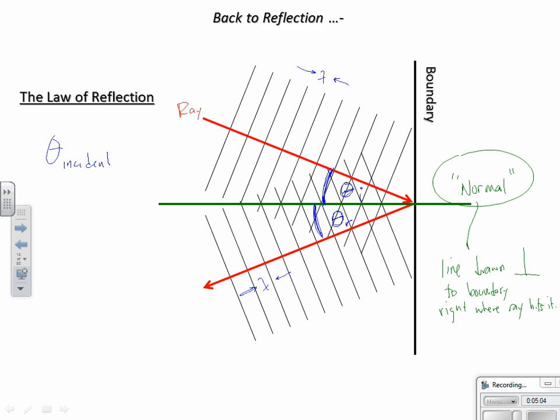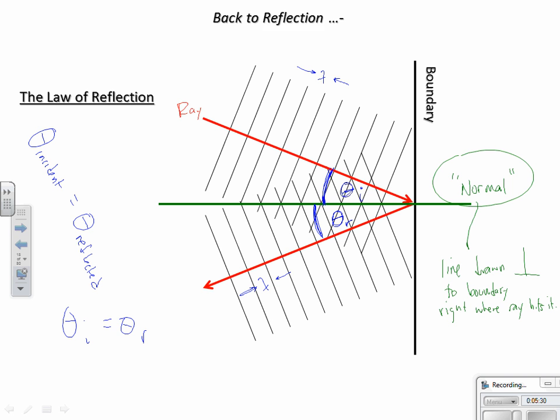Theta incident equals theta reflected, or you'll just see it as theta I equals theta R. Simple as that. Hopefully you're able to accept that empirically without much evidence.